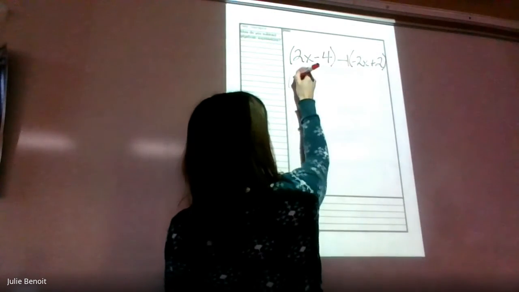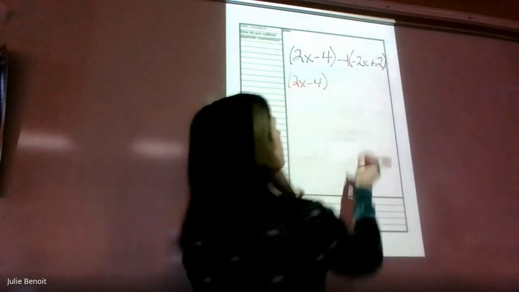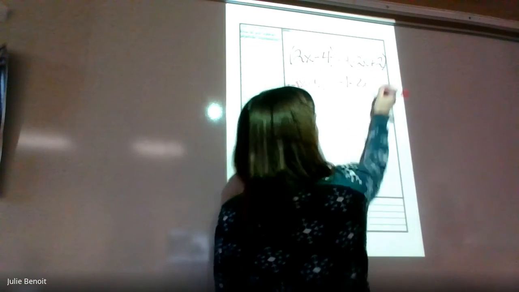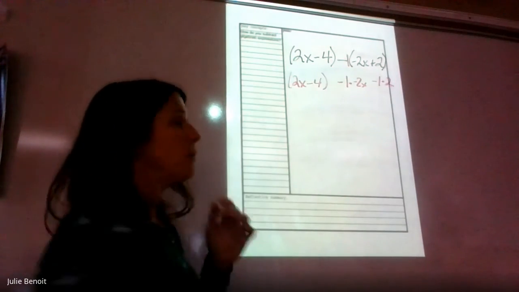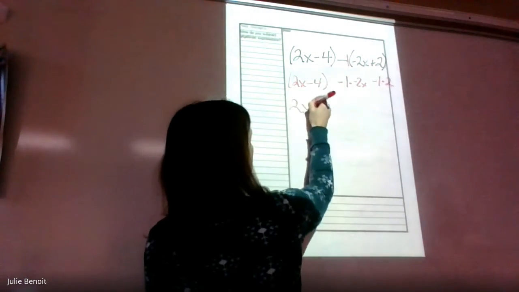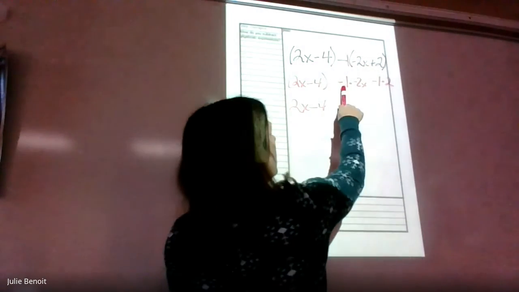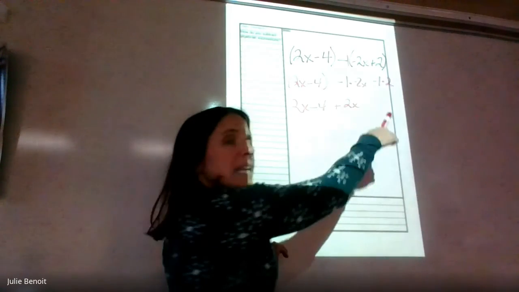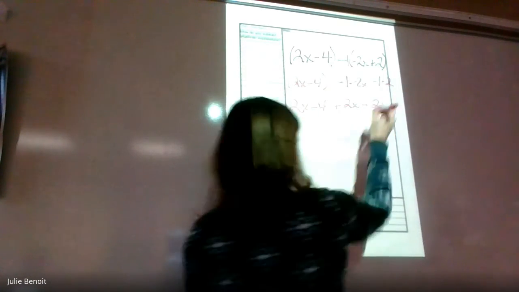My first expression does not change. 2x minus 4. I'm doing -1 times -2x and -1 times +2. So I have 2x minus 4. That still hasn't changed. -1 times -2x is +2x. -1 times +2, -2.